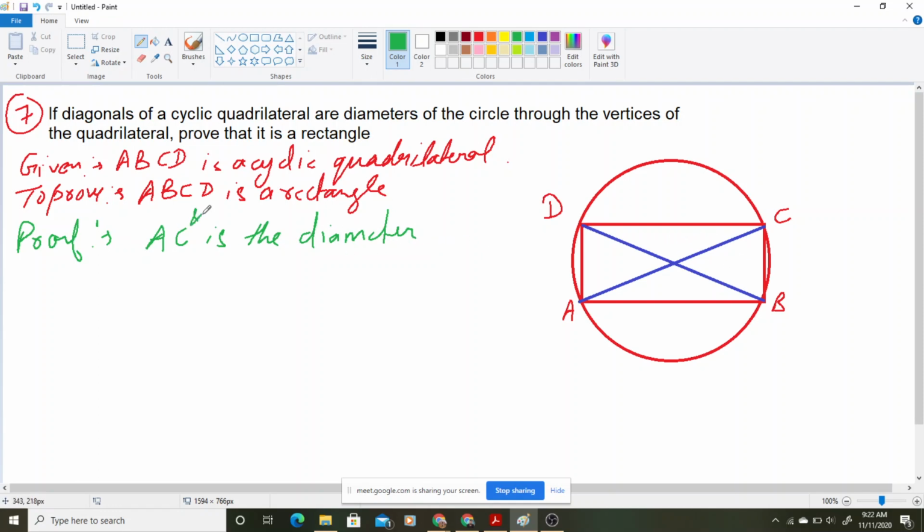AC and BD, you can write AC and BD are the diameters. So they are, this O is what? The point of intersection, and O is point of intersection. Okay, ये O क्या है? Point of intersection भी है.